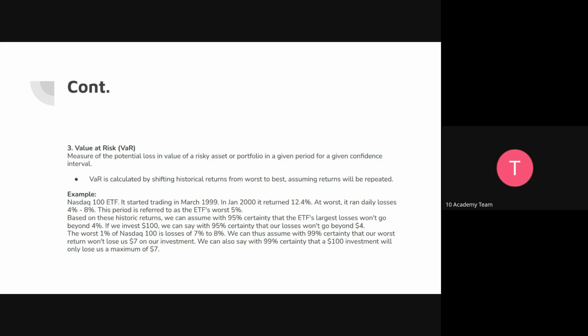It doesn't need to be losses, maybe it was never losing, but say the losses were around 4%. We'll say that with 95% certainty, because we considered the 5% worst returns, this Nasdaq 100 is not going to lose more than 4%.